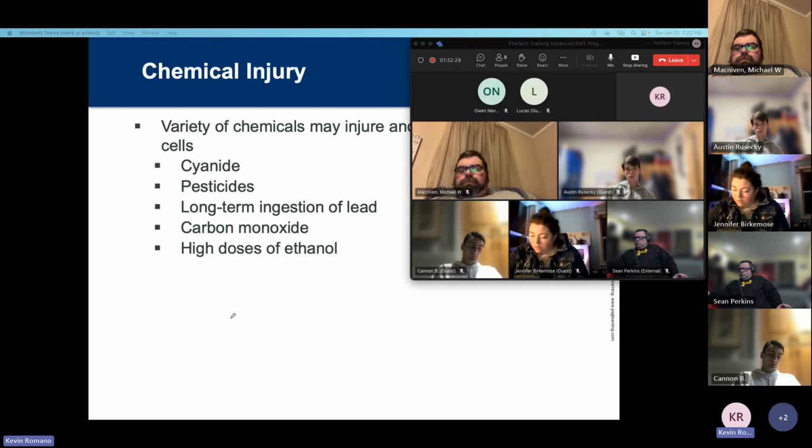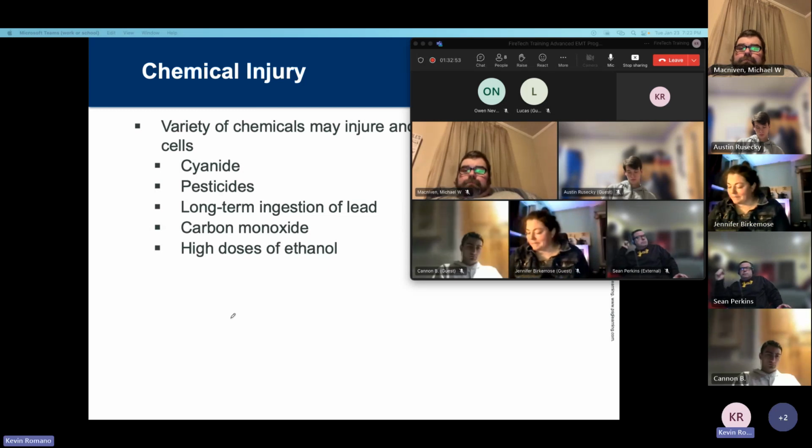Chemical injury. A variety of chemical injuries may occur that ultimately destroy cells. Common poisons include cyanide and pesticides. What does cyanide smell like? Just out of curiosity. Almonds.